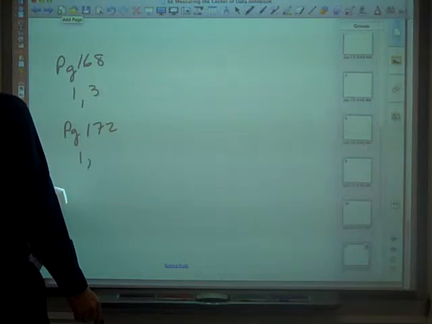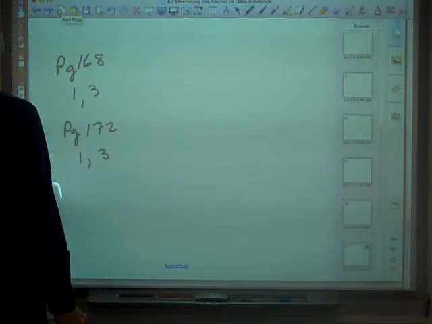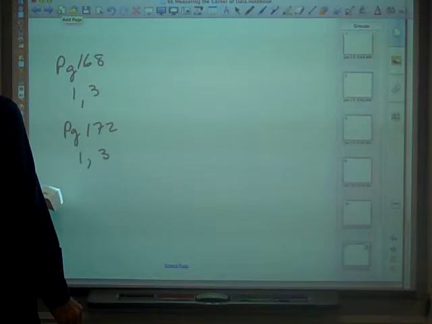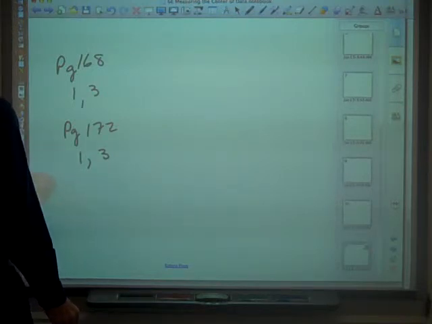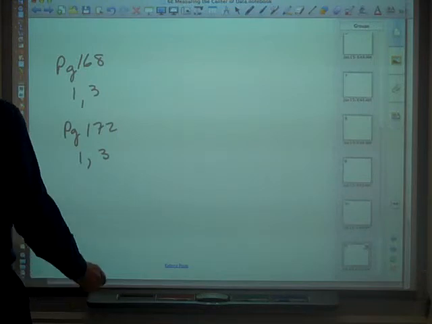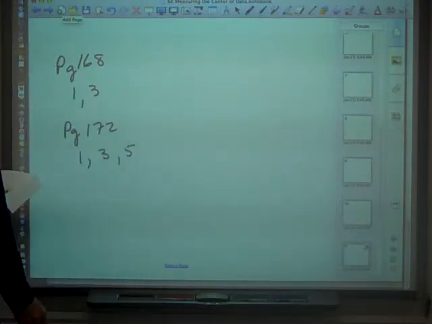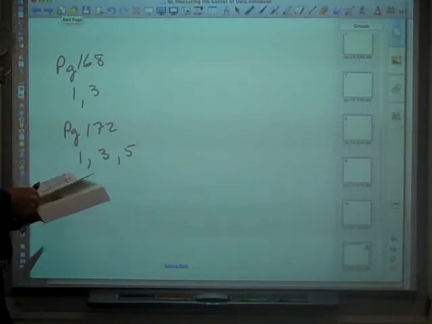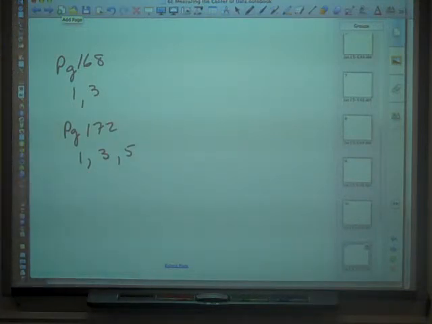Add, multiply, divide. Graphing is very hard. That's my second. Homework.